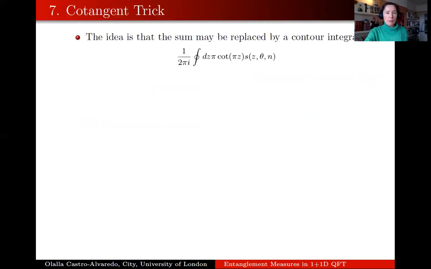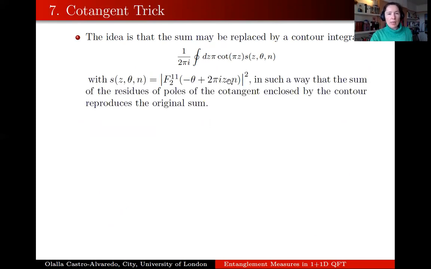So cotangent trick means that you replace that sum by a contour integral that contains a cotangent. And this cotangent has poles at all integer values of this variable z. Now, this variable z is the continuous version of the summation index j that we had in the previous sum. Okay, so z is now that variable, and we now have that contour integral with that function here.